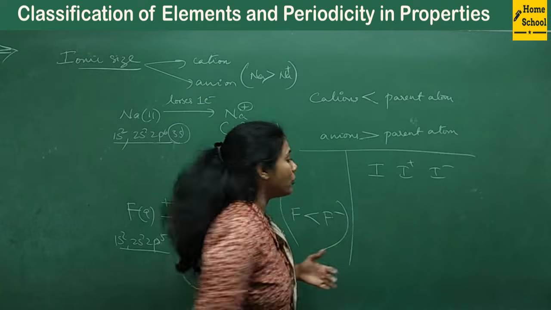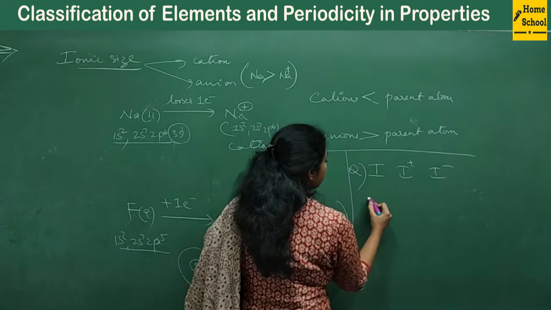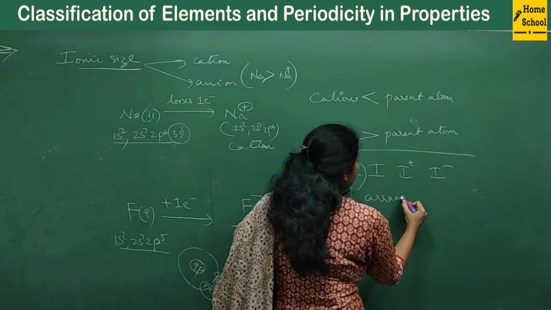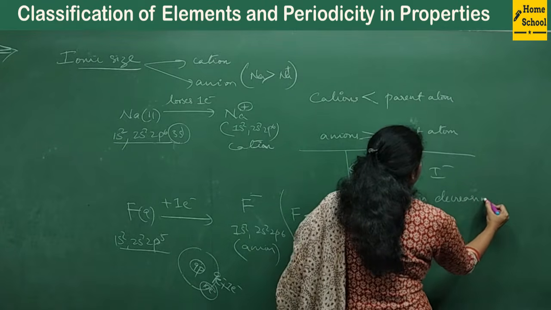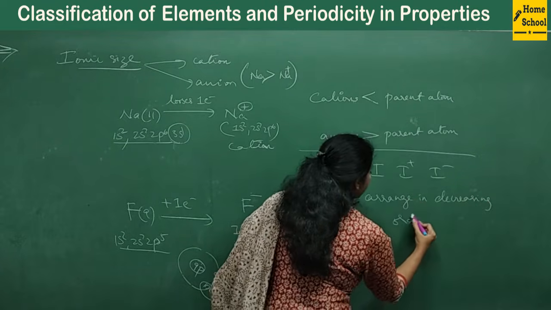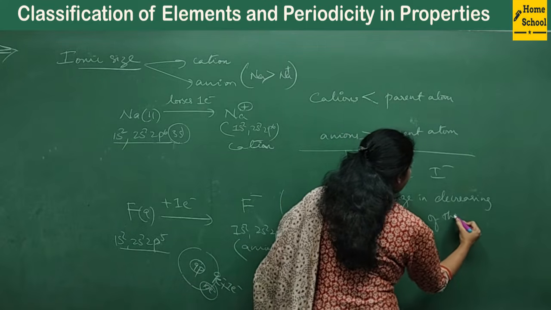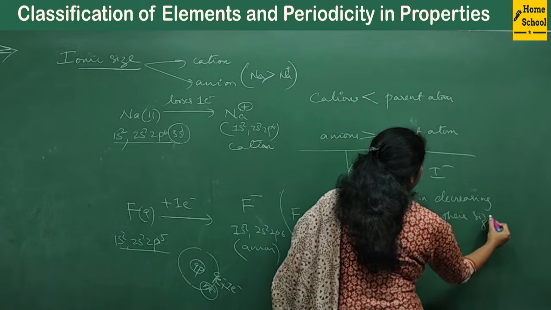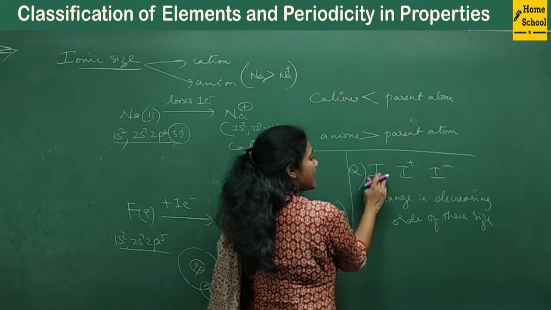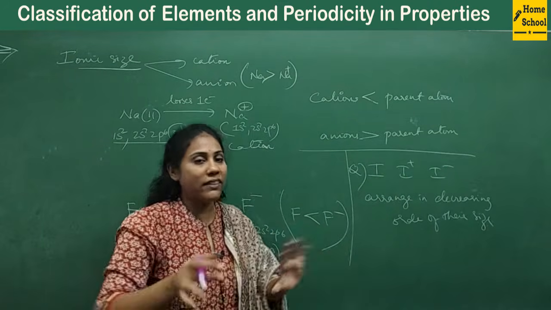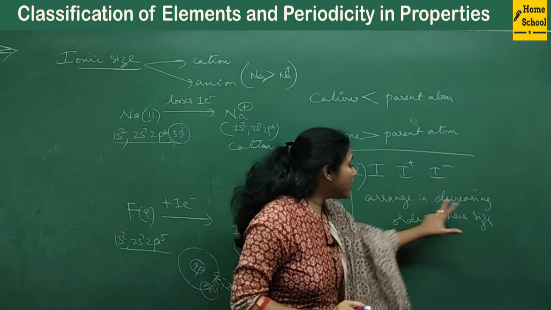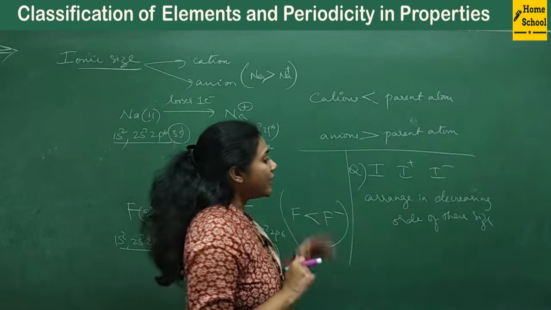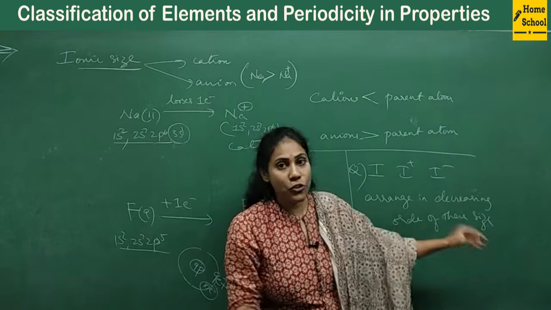Or they'll ask you, see the question is, arrange in decreasing order of their size. Okay, so the size of an ion is ionic size, the size of an atom is atomic size, whatever. So you have to arrange these species in the decreasing order of their size. So decreasing order means bigger size to smaller size.